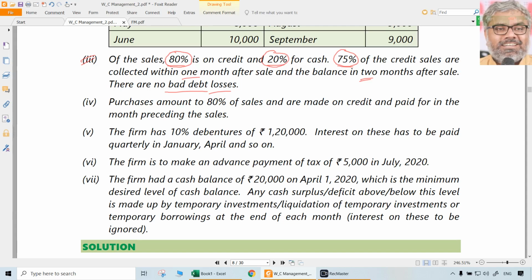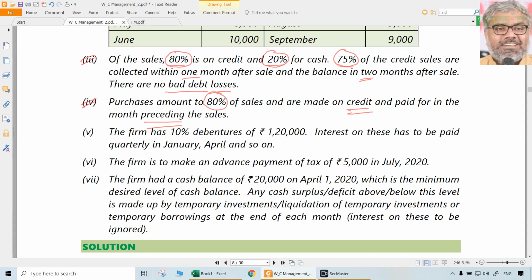Like that, look at other point. Point number 4. Purchase amount to 80% of sales and are made on credit and paid for in the month preceding the sales. So whatever the purchases are, that is 80% of sales, and they are paid for in the month preceding the sale. Naturally, without purchases you cannot sell.